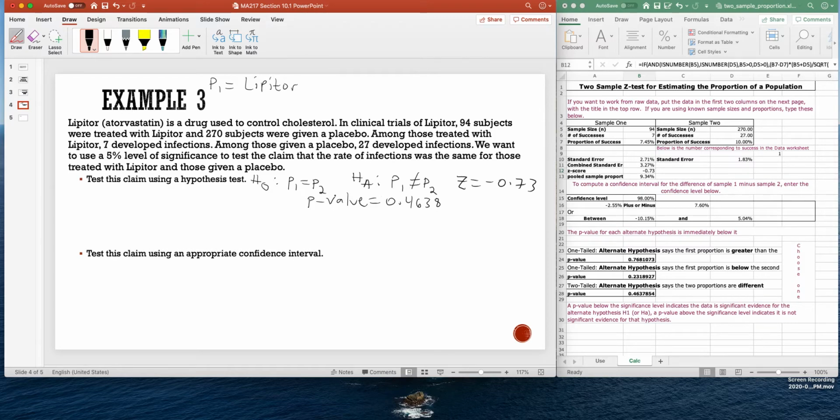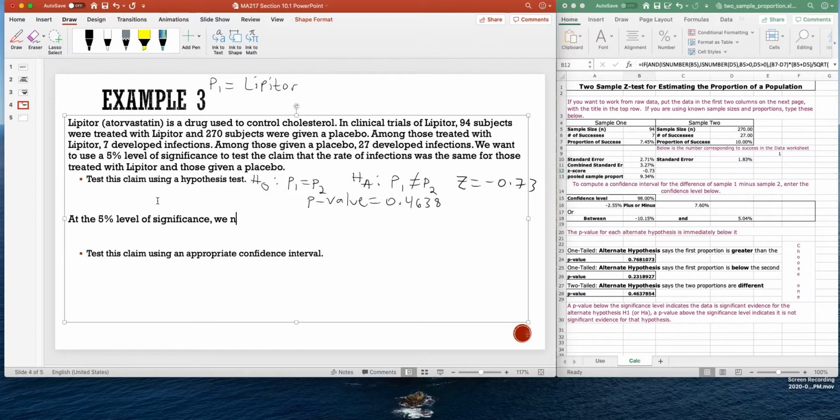So the interpretation of this hypothesis test, since our p-value is well above the level of significance, at the 5% level of significance, we do not have sufficient evidence to reject the null hypothesis.